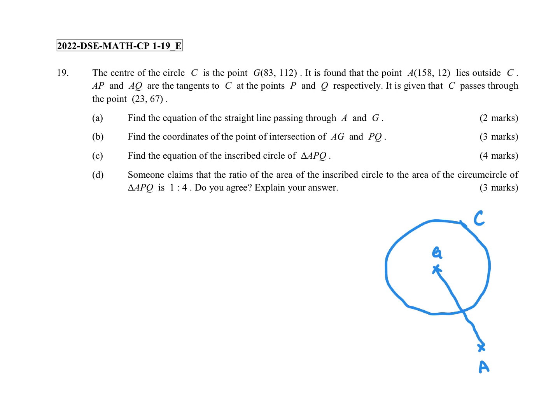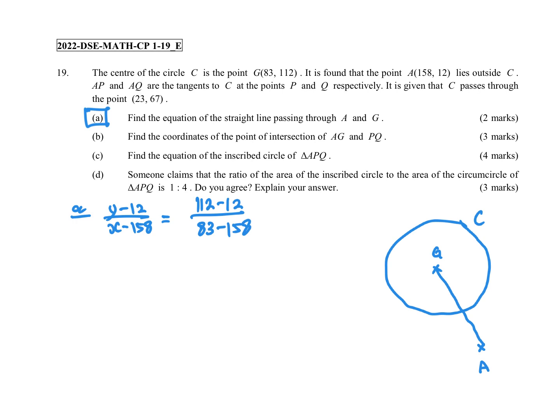So part A. Maybe y minus 12 over x minus 158, equals the gradient, negative 4 over 3.